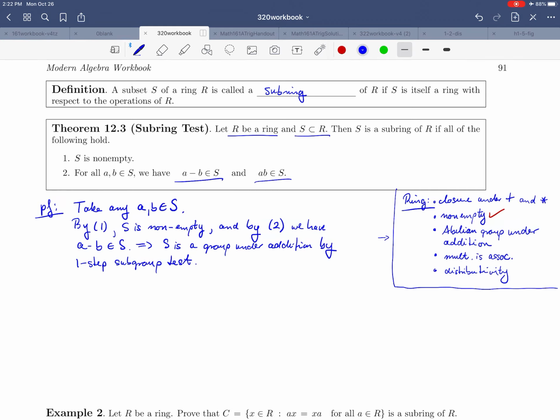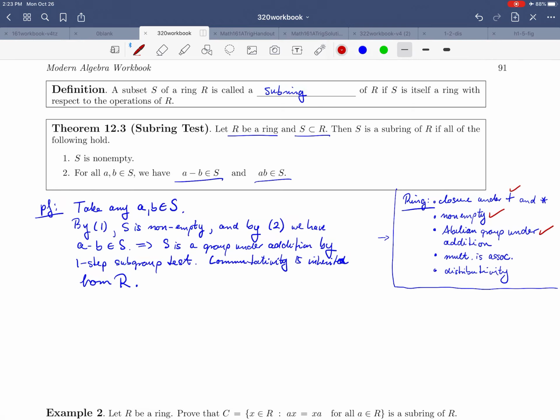So commutativity of addition is inherited from the big ring R. So we can check off a few more things. So we have our abelian group. Now closure under addition, that was just part of being our group under addition. So I actually listed that twice.